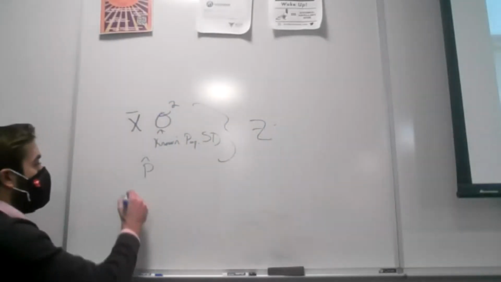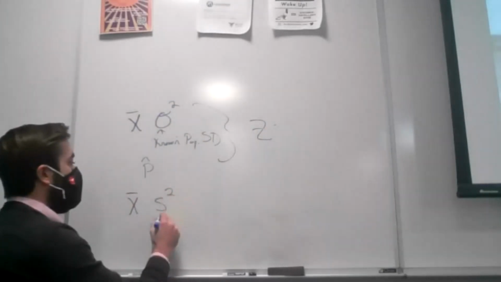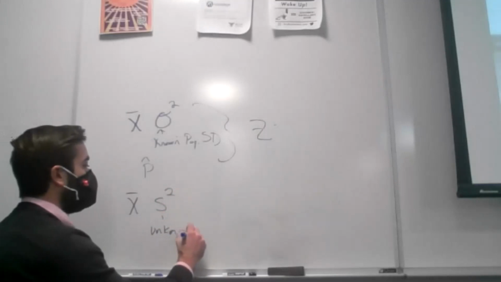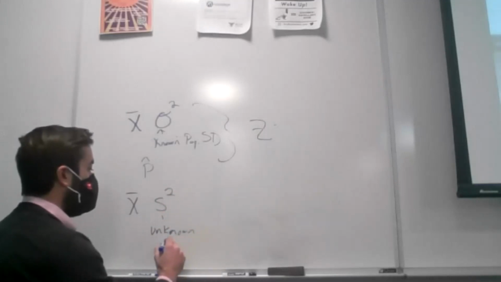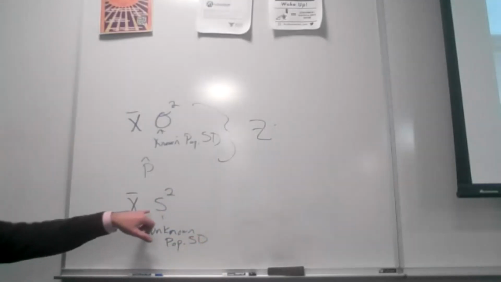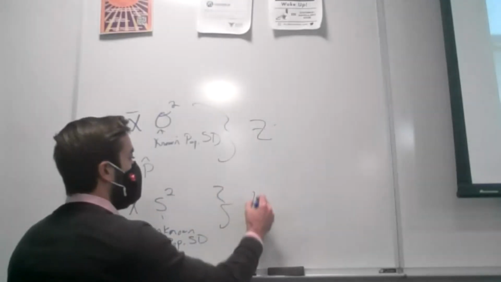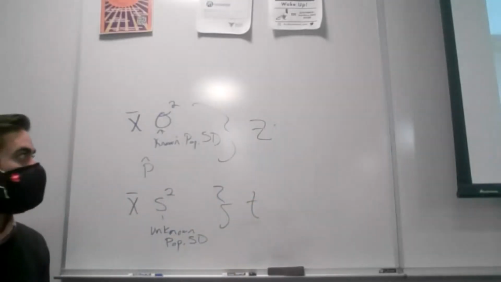Anytime you've got a sample mean and all you have is a sample, so unknown population standard deviation, anytime you have a sample mean and you only have a sample variance or a sample standard deviation, that's where you're going to be using that student T.